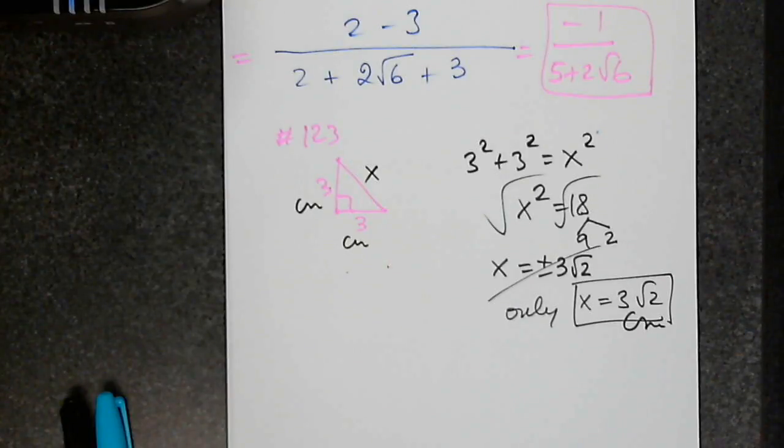Okay, anything else from this chapter, or we move on to another chapter? What's the chapter when we have the numbers like a square root of... maybe this is the same chapter.